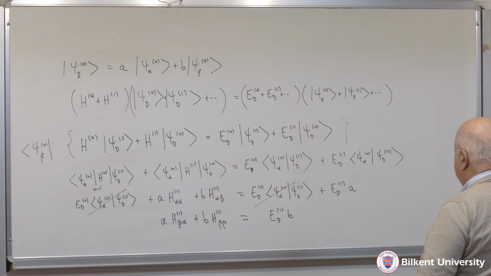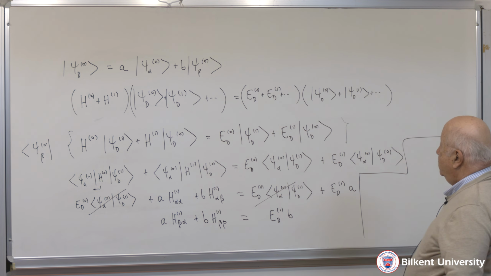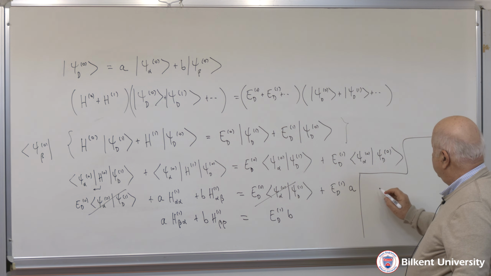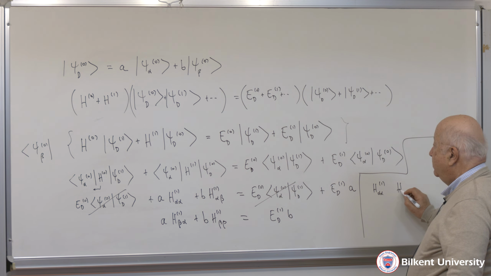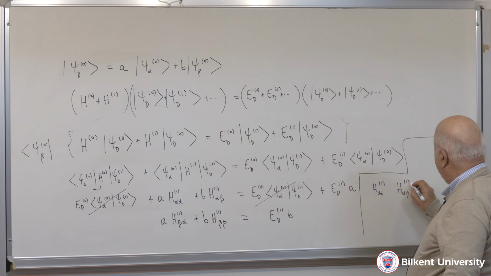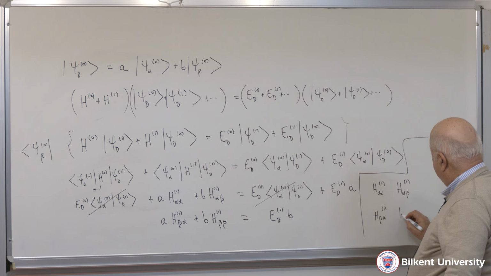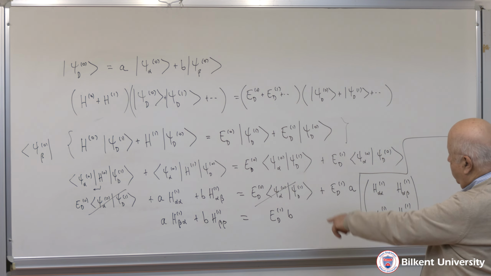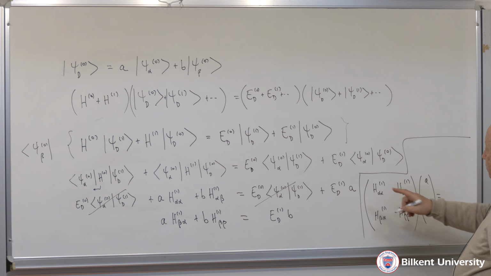So I have this matrix, which is H1 alpha alpha, H1 alpha beta, H1 beta alpha, H1 beta beta, multiplied by a and b, is equal to E d1 times a and b.